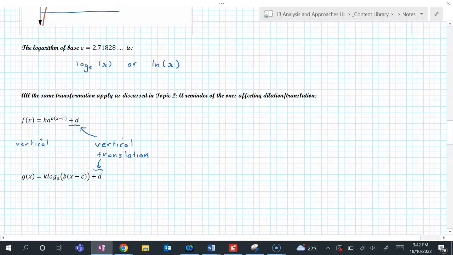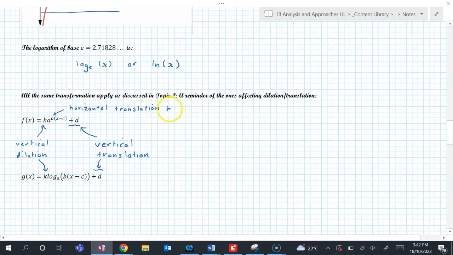It either stretches out away from the x-axis, or it compresses it towards the x-axis. So that's K. Now B is horizontal dilation, so it stretches it either away from the y-axis or compresses it towards the y-axis.